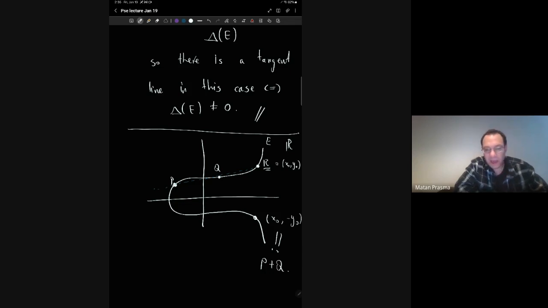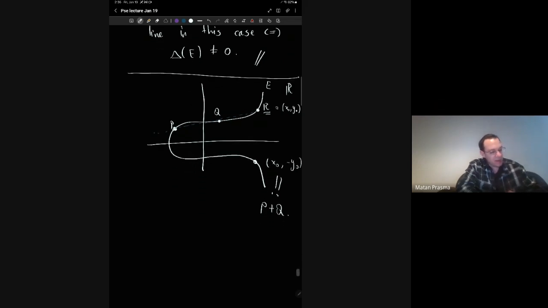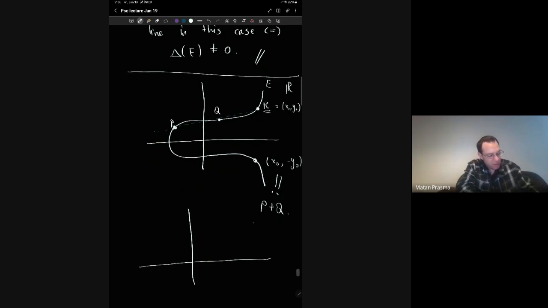The most obvious edge case is, what do I do when I want to add P to itself? Then I take the tangent line that passes through P. This tangent line will intersect the curve in another point.